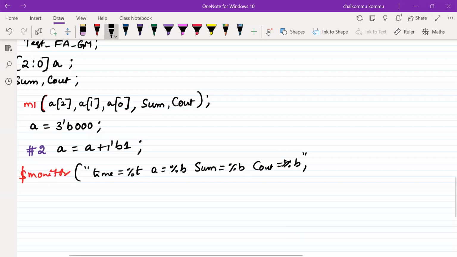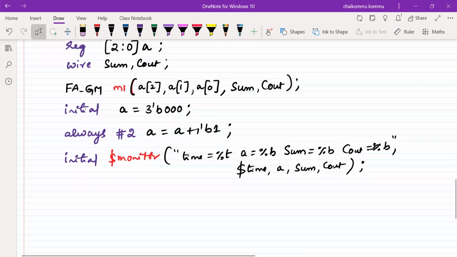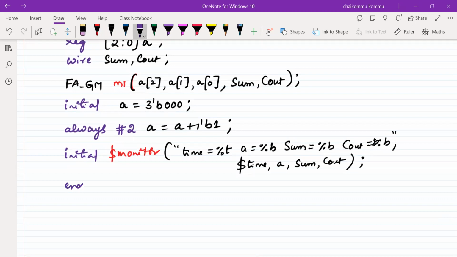After completion of that, I write dollar time, A, comma sum, comma cout. These are the variables I'm using. Finally, we need to write end module, right? End module.